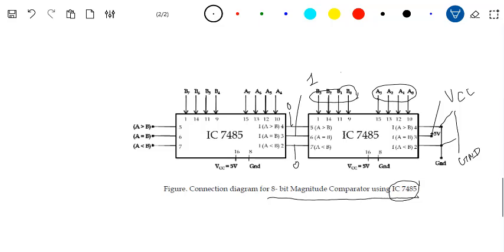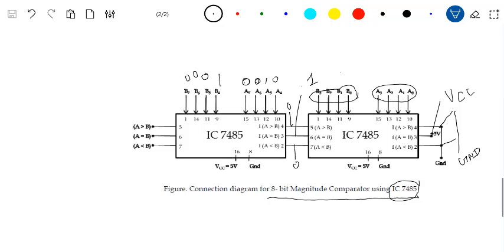This will be raised to 1 and these two will be 0 and 0, right? Now the same is given to the input of the second stage. Now assume one of the inputs is 1, these are 0, and here it is 1 and 0, 0, 0, right? Because A equal to B is connected to 1, it means that this higher IC will identify that the lower IC has equal input.